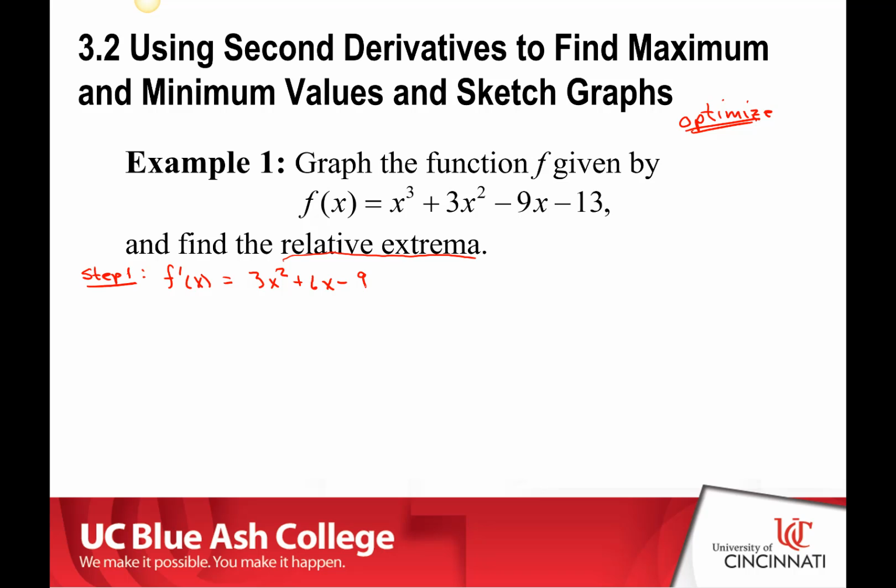Step 2. Let's stay on the same slide. Step 2 is going to be set the derivative equal to 0 and solve. That means we've got our 3x squared plus 6x minus 9 equals 0.